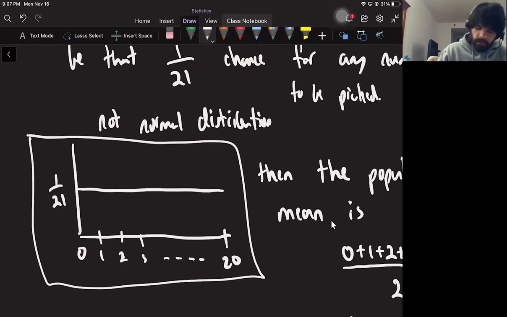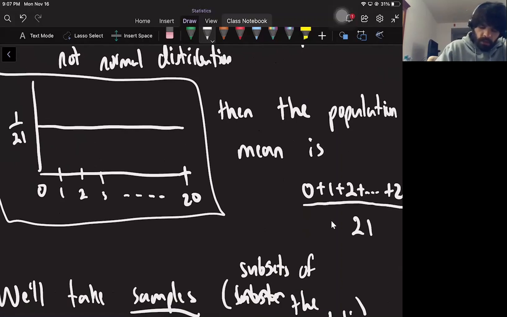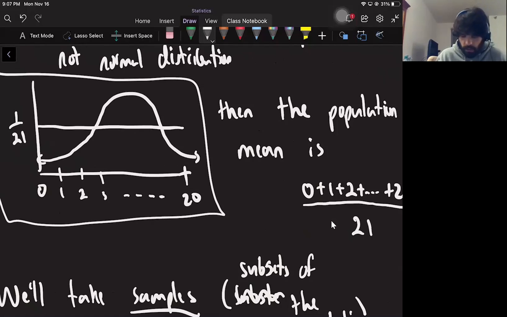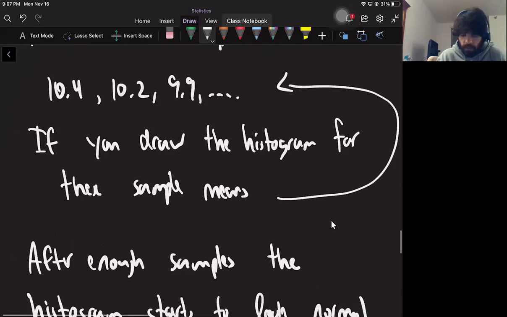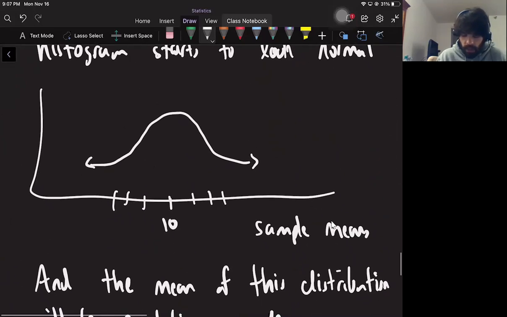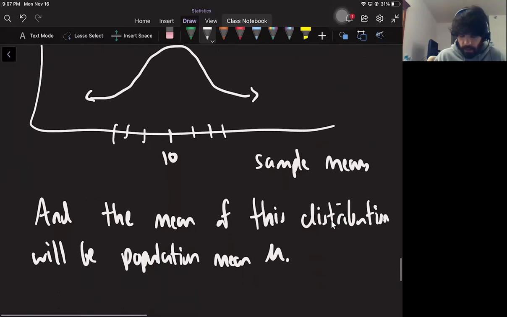Even though I pick numbers that don't come from a normal distribution, here I'm picking 0 to 20, where it's not like they're distributed in a bell curve shape or anything, I still get a normal bell-shaped curve for this creation where you take all the possible sample means and make a histogram out of them.